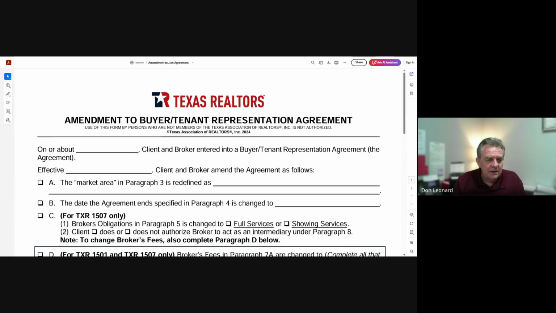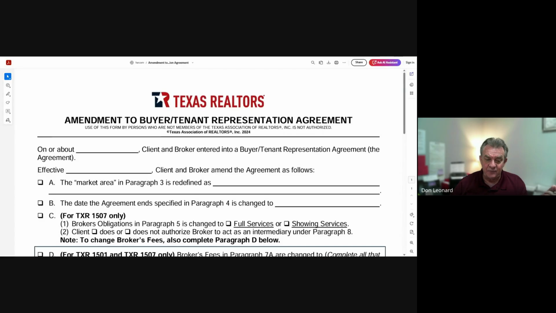So the agreement says on or about whatever date you originally created it, client and broker entered into a buyer/tenant representation agreement. Effective today's date is the date that would go in there, or the date that you're amending it. Client and broker amend the agreement as follows. A changes market area, B extends the agreement.